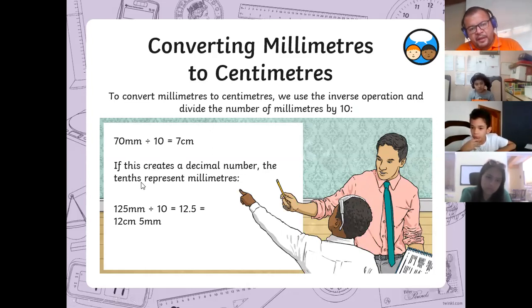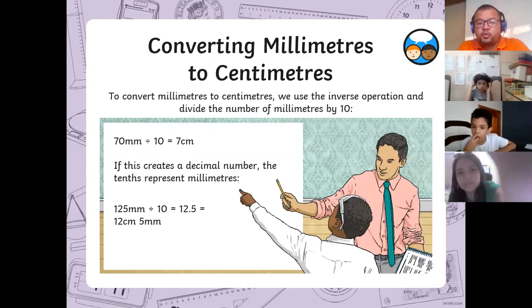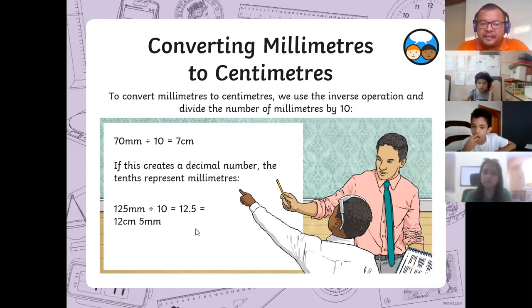If this creates a decimal number, the tenth represents millimeters. For example, 125 millimeters changed to centimeters is equal to 12.5 centimeters, or, sorry, 12 centimeters with 5 millimeters, okay?